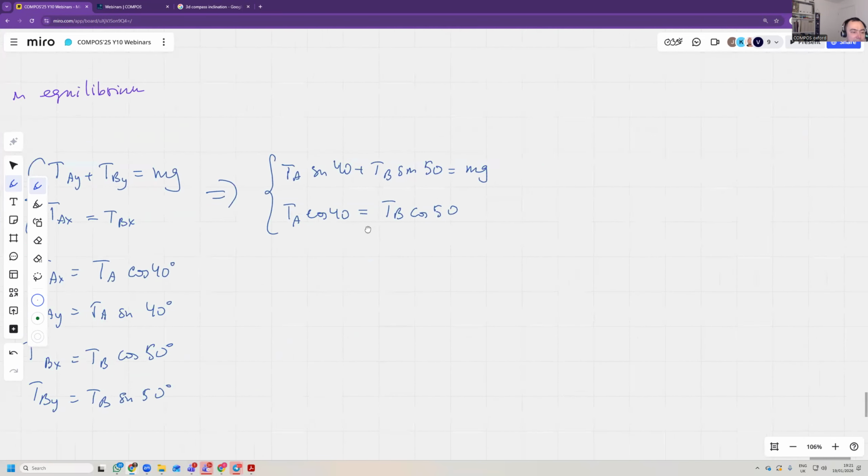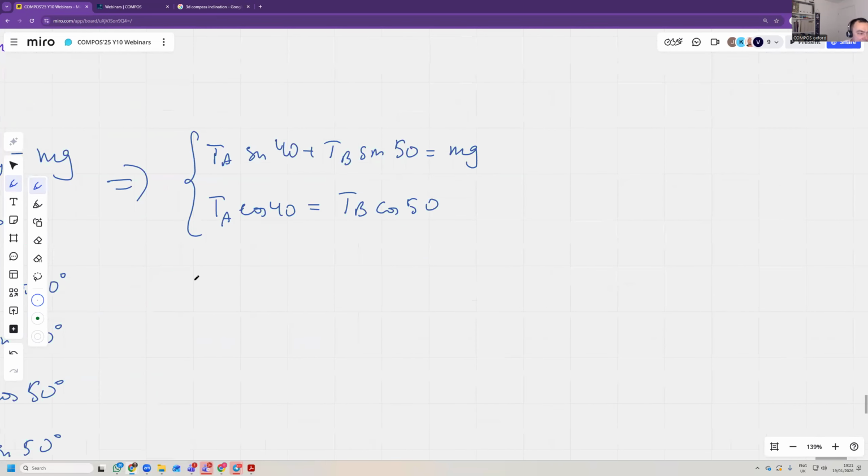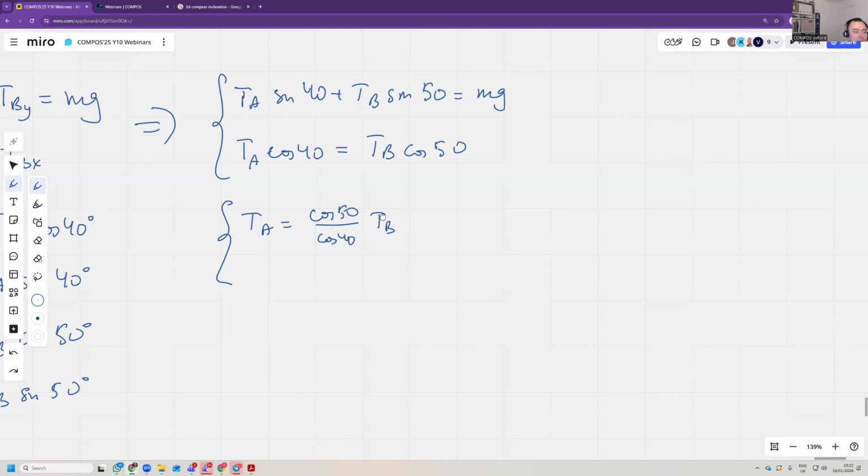So how would you solve that? Well, you would say that TA is cos 50 over cos 40 times TB. And then you just solve that.